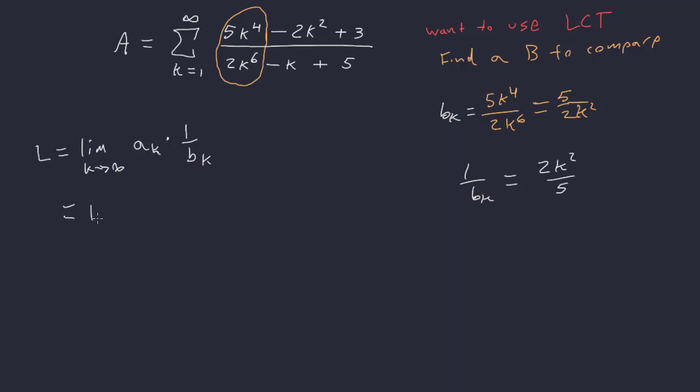So this will be the limit as k goes to infinity of 5k to the 4th minus 2k squared plus 3 all over the 2k to the 6th minus k plus 5, and then I'm going to multiply by this reciprocal here of this 2k squared over 5.